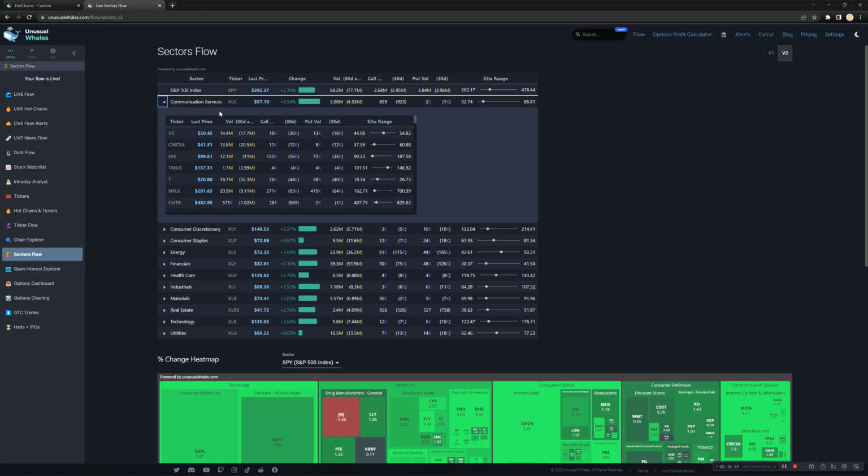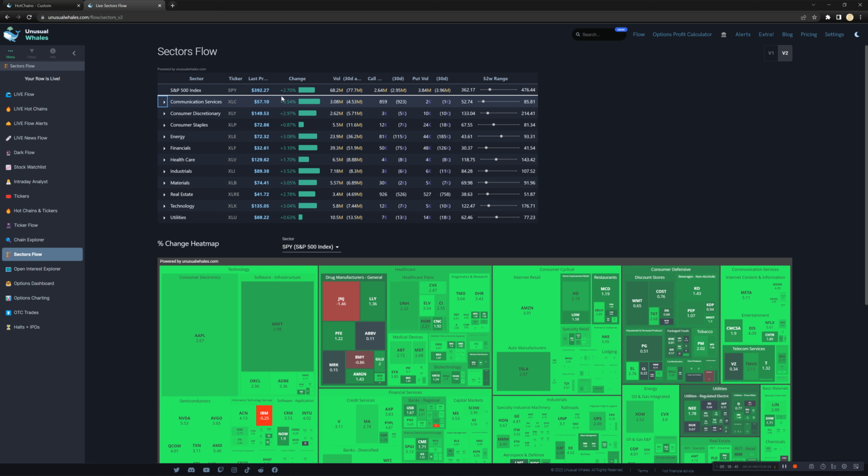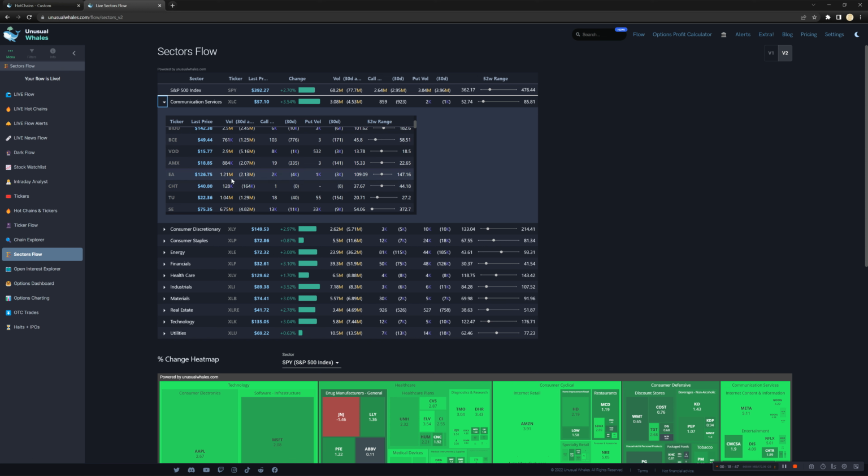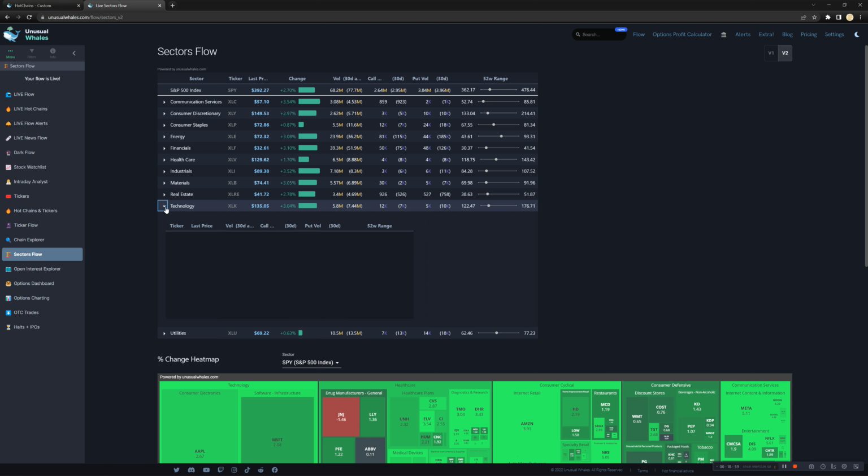But see, if I see the communication sector is doing really, really hot today, I'm going to go here and look at some of these big communication stocks. And obviously, I'm going to buy into them. I'm going to buy calls, right? Unless the market just changes on us. But technology was a big boomer today. 3%.